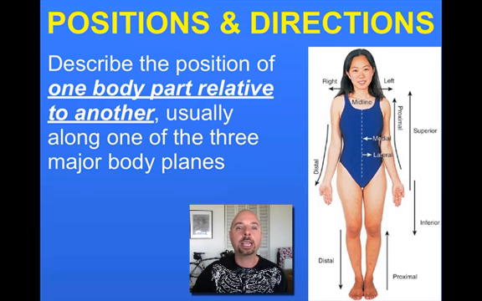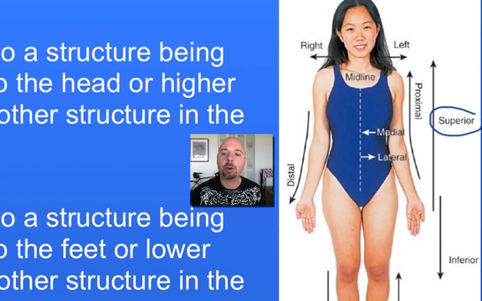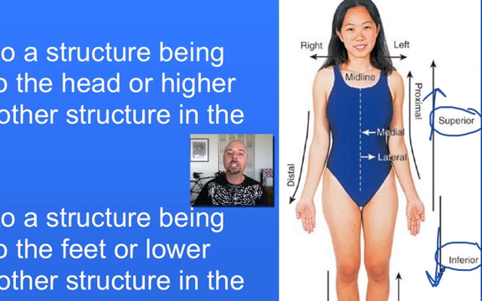So let's just jump right in and talk about some terms, starting with superior versus inferior. We can see this in our diagram right here: here's superior and here's inferior, and we have some arrows here. That's because superior refers to something that is closer to the head, versus inferior is something that's closer to the feet.